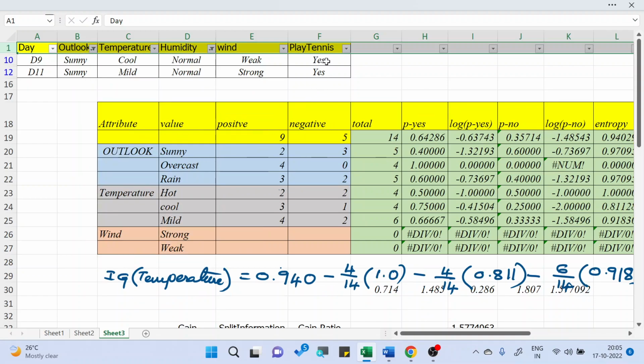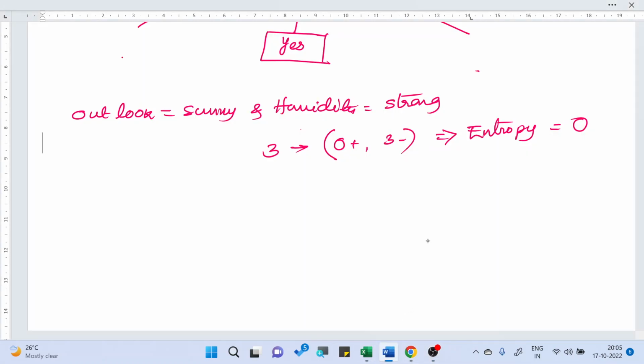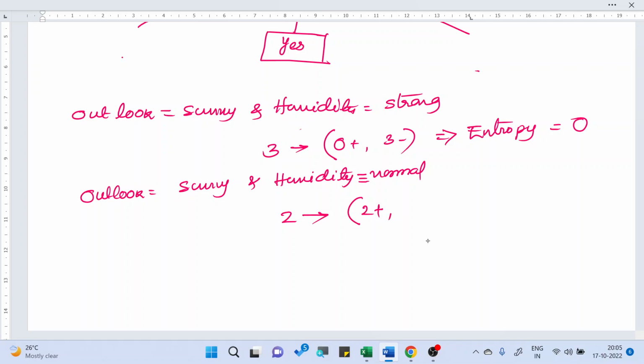How many examples? 2 examples, and all those 2 are yes. Outlook is equal to sunny and humidity is equal to normal. Two examples, 2 are positive examples, 0 negative, so entropy is again 0.